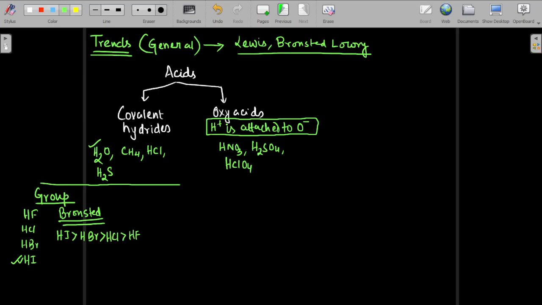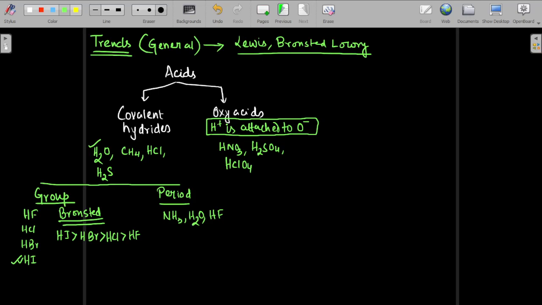That is about the group. Let us go according to the period. Take a simple period: NH3, H2O, HF. Here again we first have to identify which concept to apply. The non-metallic elements are different, but it is across the period.